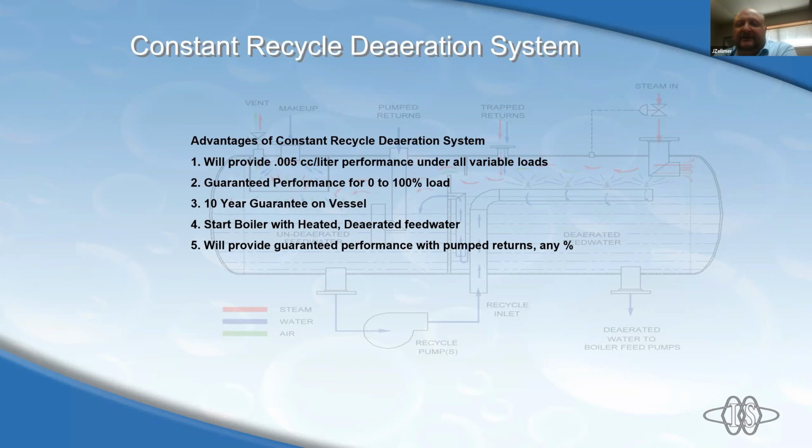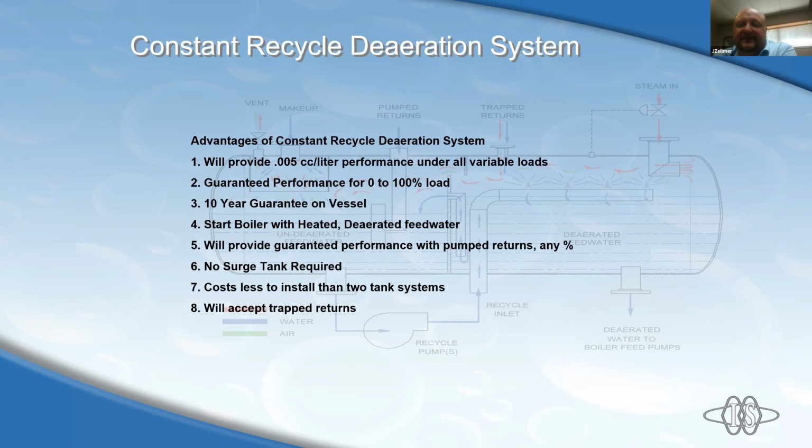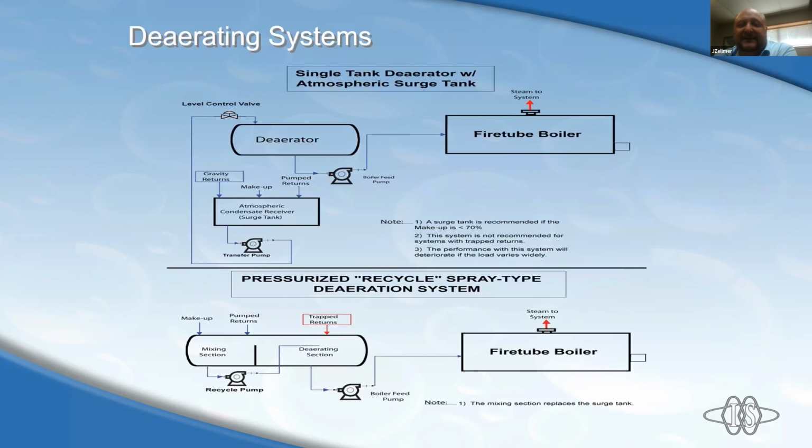We'll provide guaranteed performance with pumped returns at any percentage. No surge tank required because we have it built into the tank. So it cuts down on your footprint compared to a surge tank and a pressurized deaerator together. Costs less to install than 2 tank systems. Will accept trap returns, stable operation, so fewer pump problems.